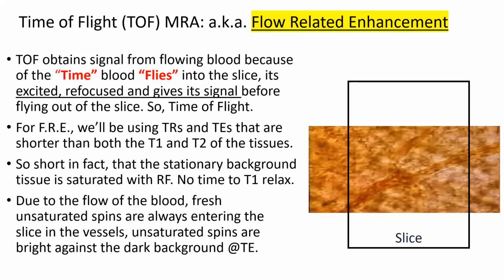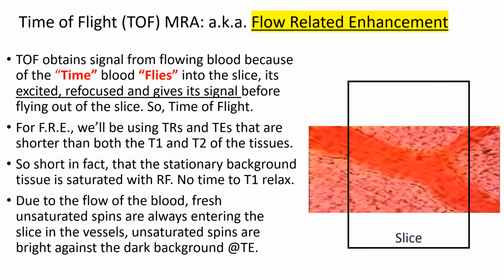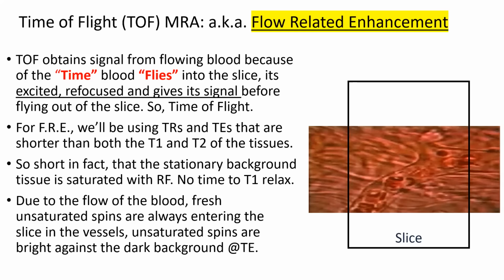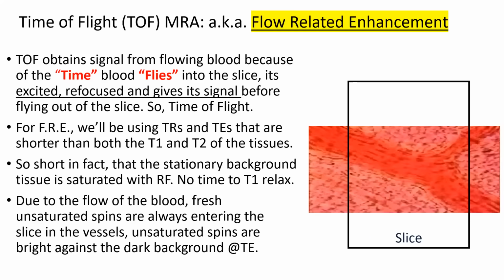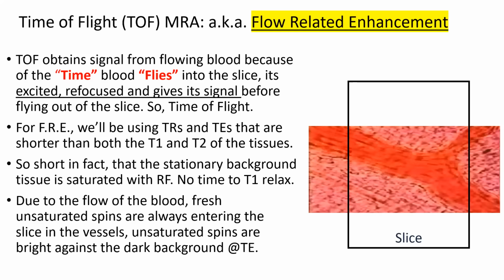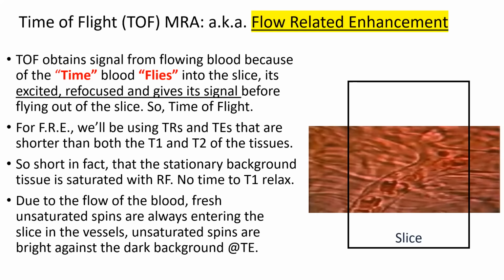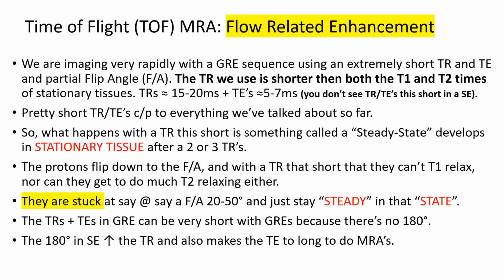We're collecting the signal from the blood before it goes away. The background tissue, we don't care about. We want it to be dark. We want it to be saturated. So you get bright vessels, dark background. That's what the very short TR and TE do for us. Okay. So again, the TR and TE that we use are shorter than the T1 relaxation time of stationary tissues.